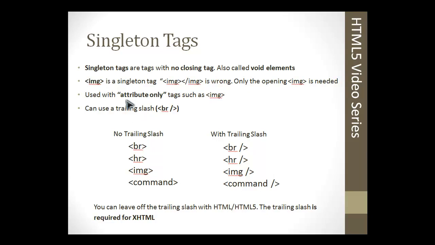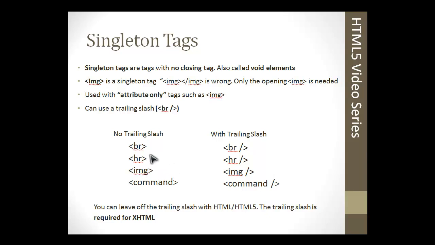And this is usually used, or always used, with attribute only tags such as image. They can use a trailing slash in HTML. If you're writing XHTML, then the trailing slash is required for it to be valid. But in HTML, HTML5, you do not need it. It's usually not used, but it doesn't hurt your document if you do use it.